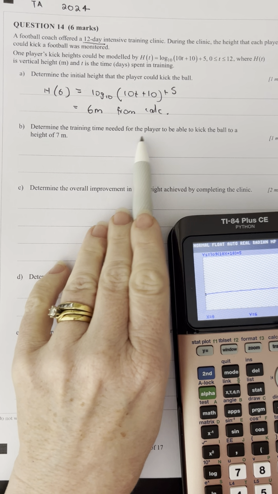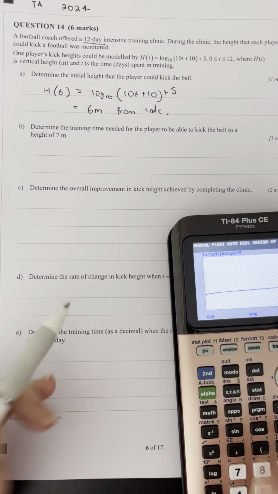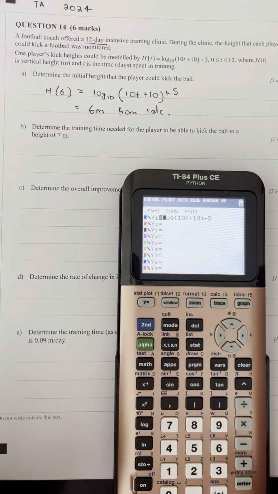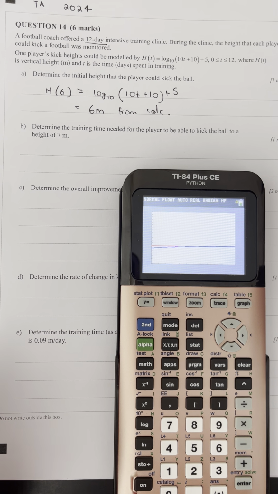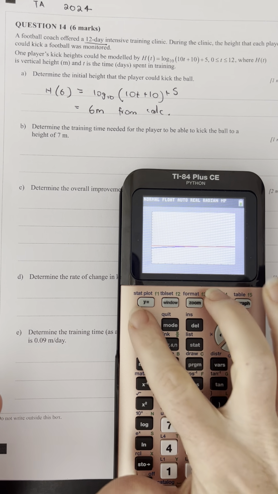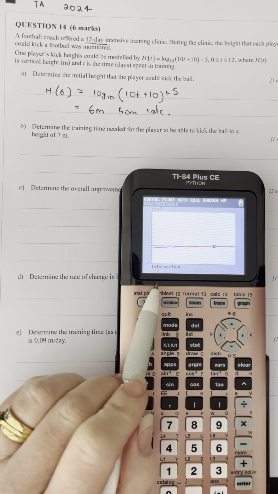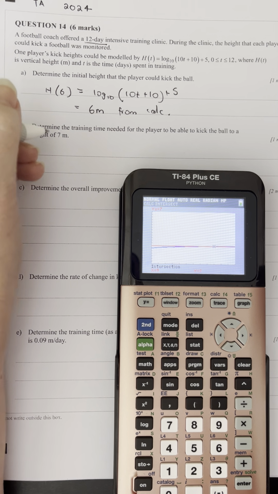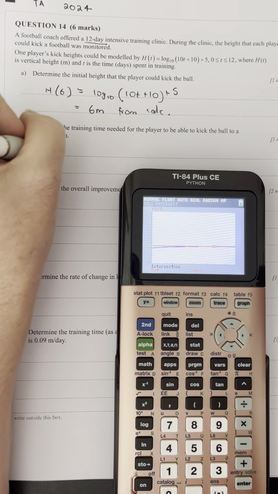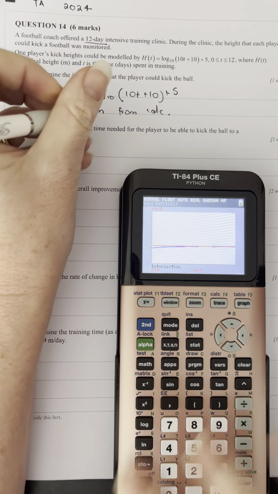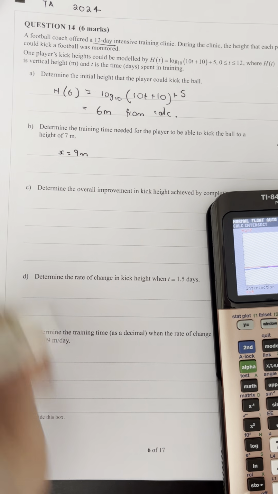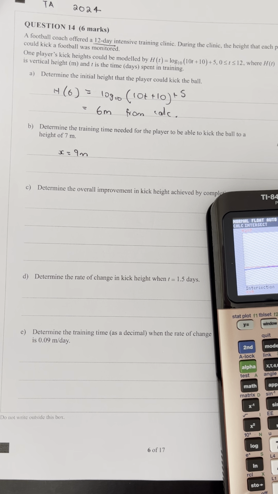Determine the training time needed for the player to be able to kick the ball to a height of 7 meters. So we can go back to our equations there, put in a 7, that'll graph that one in there. We can then do the intersect and get our intersection at x equals 9 for that one. So x equals 9 for when that works.